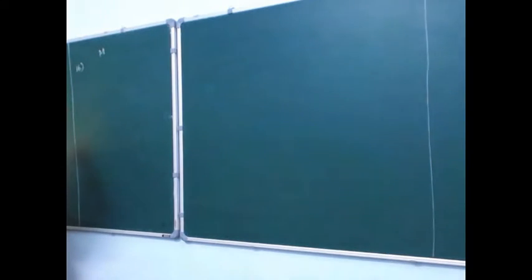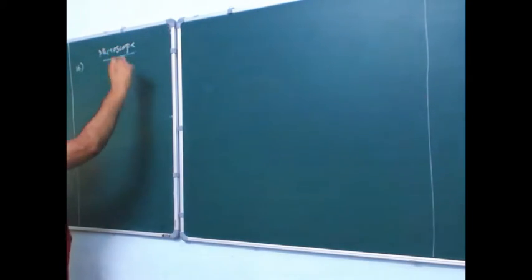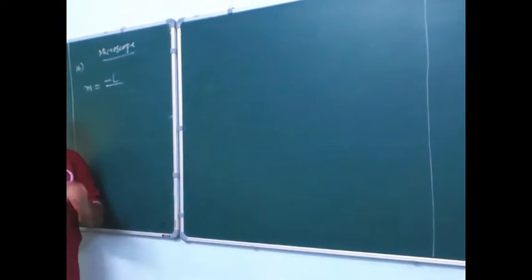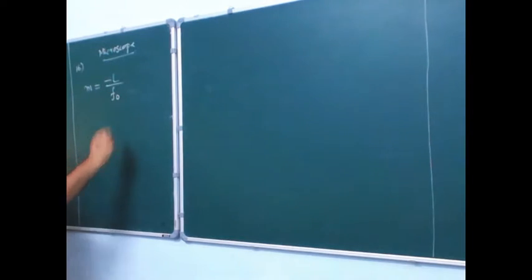So we are going to discuss the microscope here. The magnification of the microscope is given by the length of the microscope tube, that is the distance between the objective lens and the eye lens, called L. So minus L divided by FO.